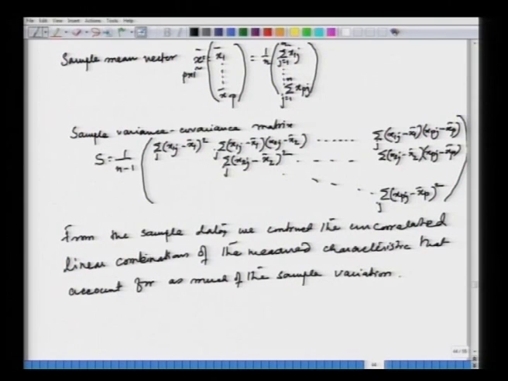So, this is the crux of the calculation of sample principal components.